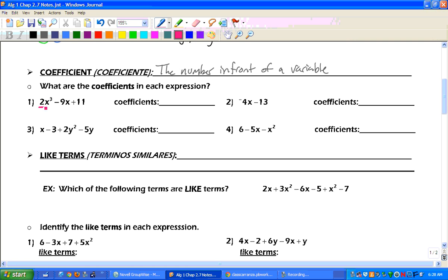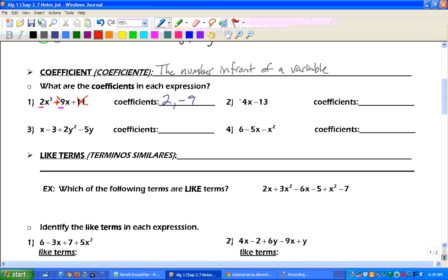Now the number in front of my variable is a 2. Do our click, click. The number in front of the variable is negative 9. Now, does the 11 have a variable behind it? And the answer is no. So we are not concerned about that.